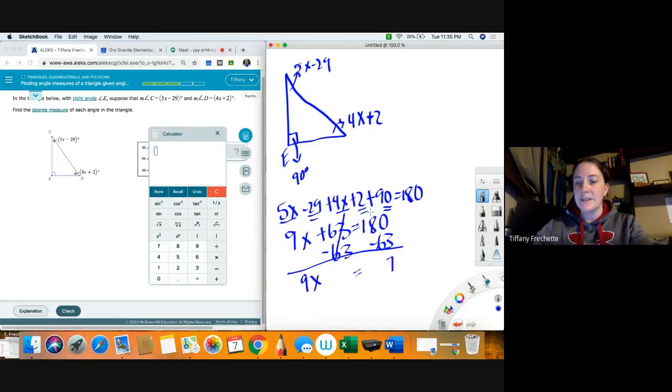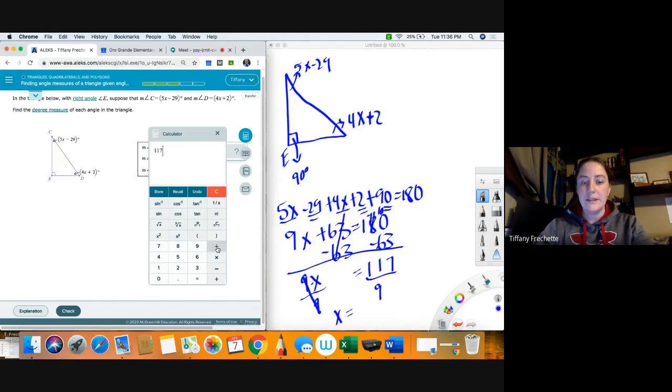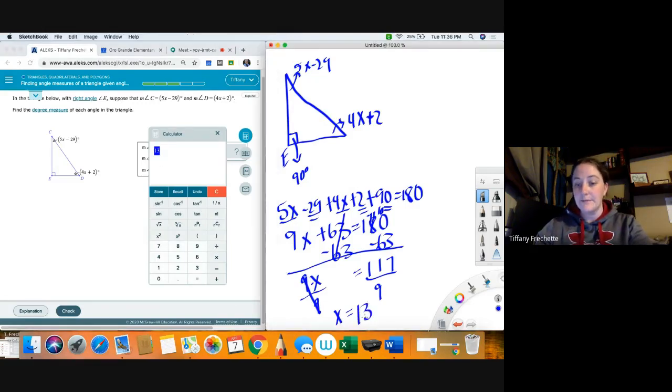So we end up with 7 because we borrowed, and we have 1 and 1. We have 117. We're going to undo the multiplication with division. 9 divided by 9 is x, and that equals 117 divided by 9. We get 13.